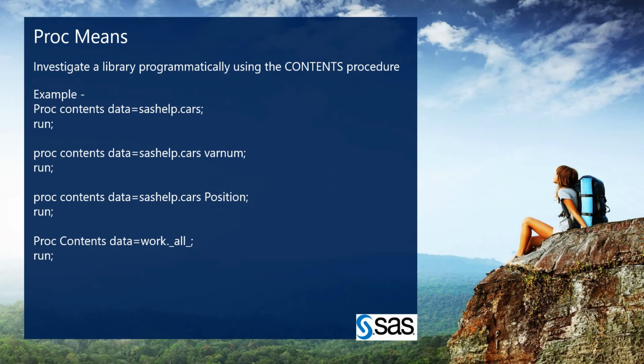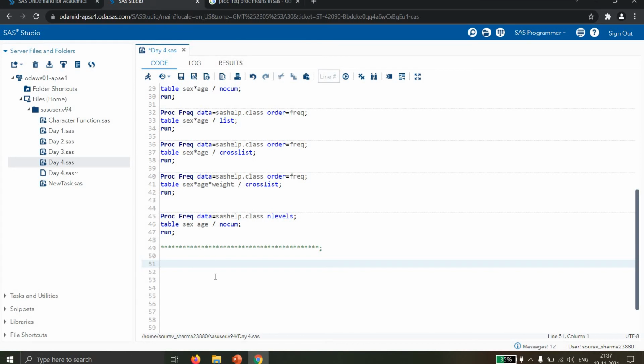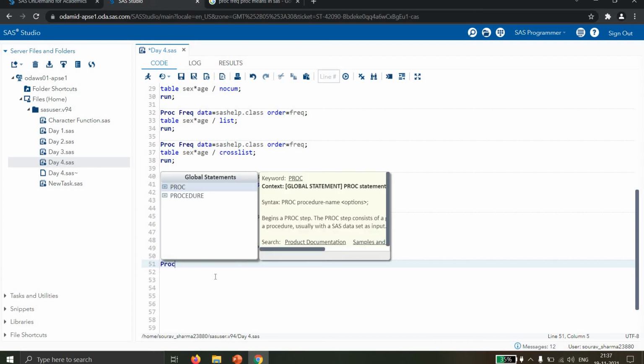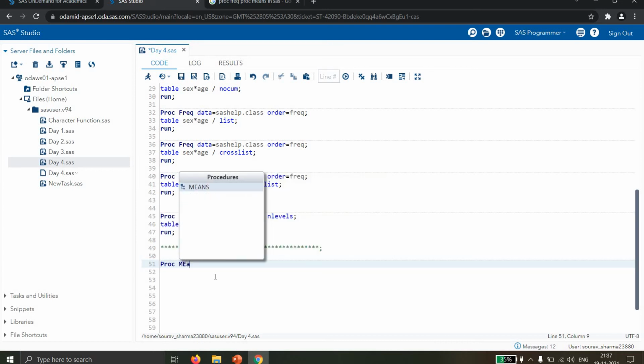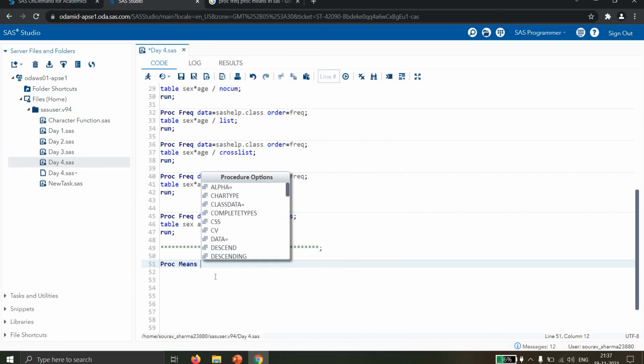If you are giving an interview, basically they will ask how you are checking your data. What is available in your data, how will you check, how many numeric variables are available? You can easily do that with proc means.